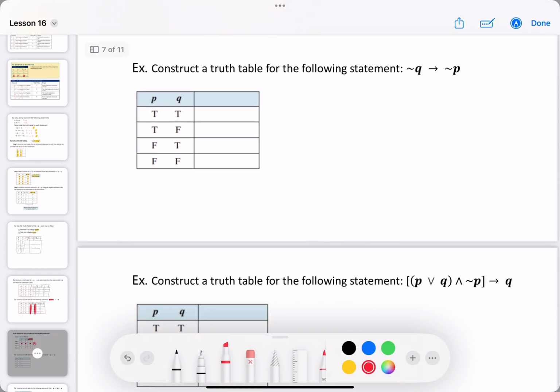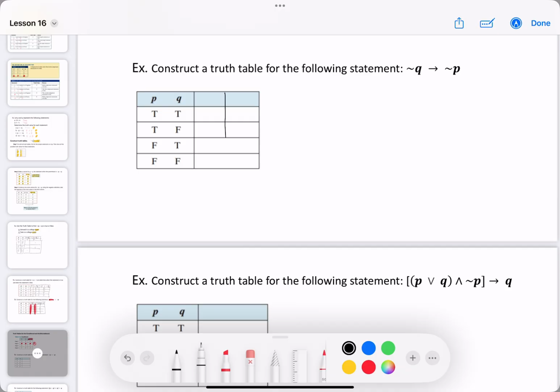Let's see this example. Construct a truth table for the statement: if not Q, then not P. Okay, we list the P and Q true or false table.